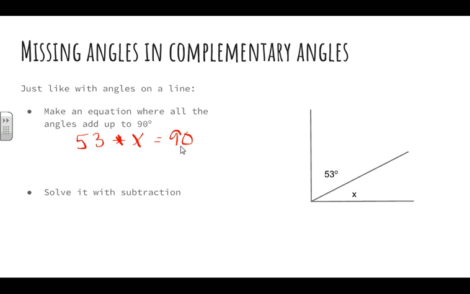And we're going to solve it with subtraction. So we're going to subtract 53 from both sides of our equals sign. And we would get that x equals 37 degrees. All right, so that's our missing angle, 37 degrees.